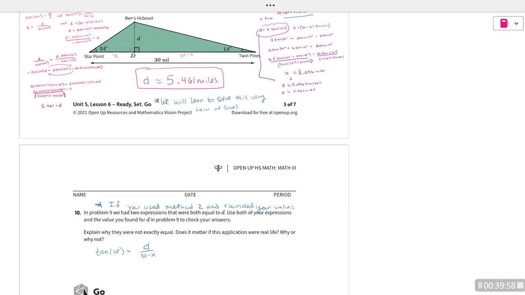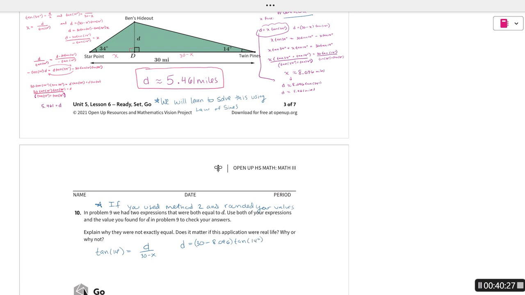That is a rounded number. So let's say we used that instead of using the full value times tan of 34. If we use this one, we would get d equals 30 minus 8.096 times tan of 14.